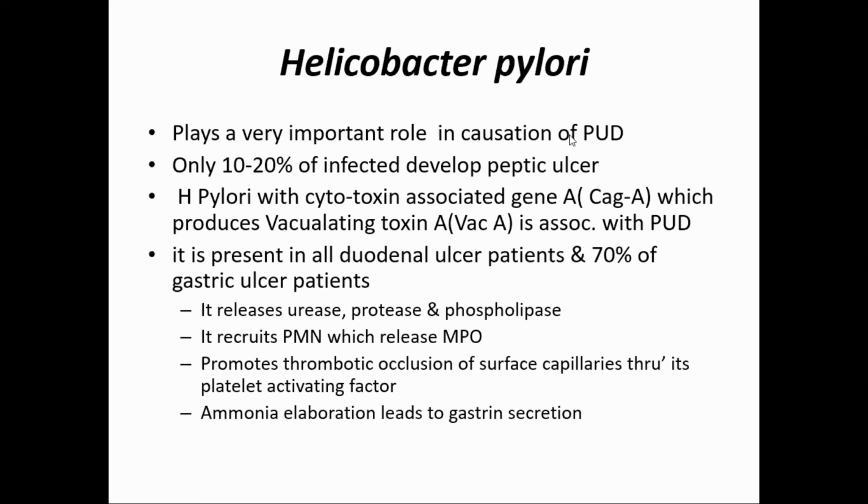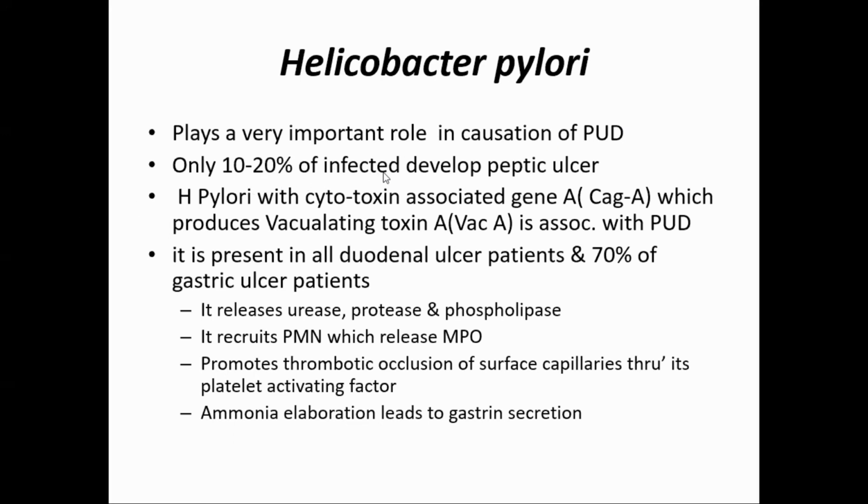It has an important role in causation of peptic ulcer disease. Why is it called peptic ulcer disease? Because it occurs in areas where there is acid pepsin secretion. So it is not only stomach, that is gastric ulcer, duodenal ulcer. There are so many others, like the gastroesophageal junction, Meckel's diverticum. So that's why it is called peptic ulcer disease.